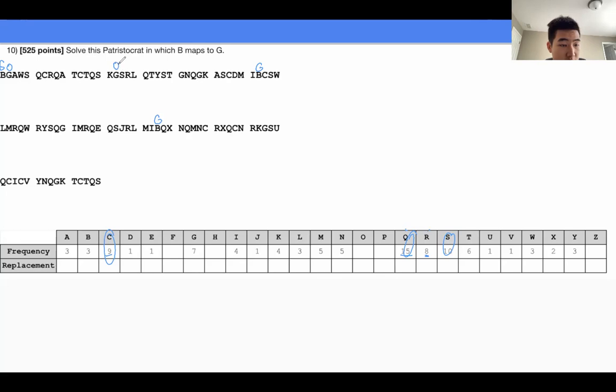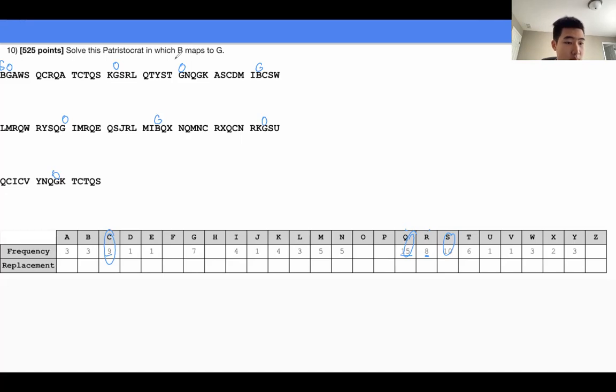So couldn't it be like greatness? That would be a really good guess, except we don't have the NESS pattern, right? I think that's all of the G's.